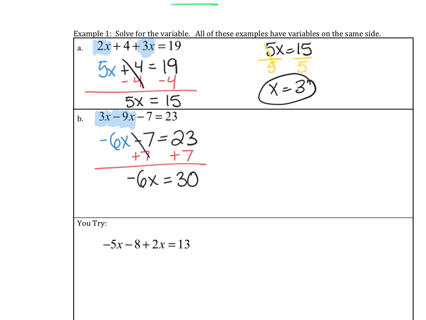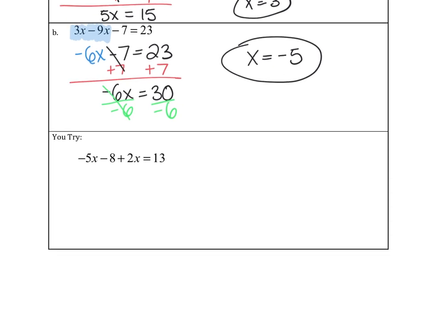My final step here, remember that negative 6x, when you see that, means that it is multiplying. So in order to get rid of the multiplying, I'm going to divide and make sure I keep the negative sign with it. So when I divide by the negative 6 onto both sides, I get a final answer of x equals 30 divided by negative 6 is negative 5.